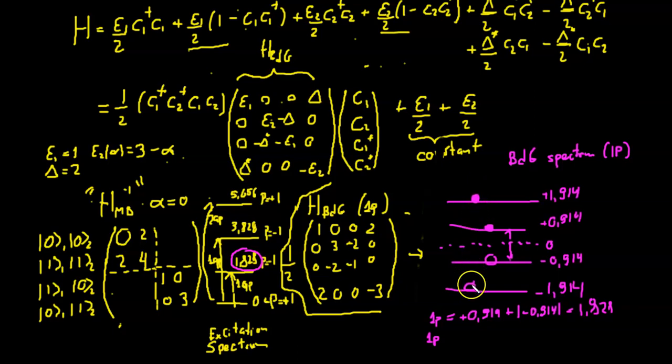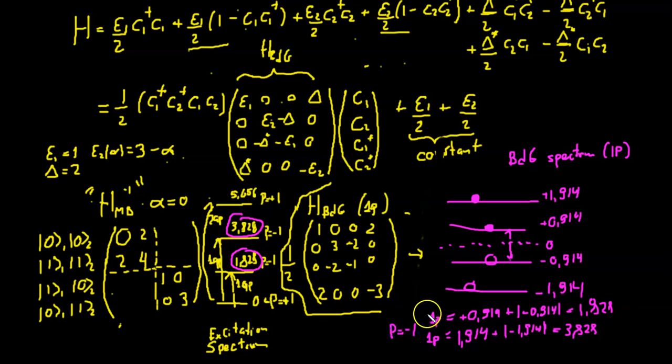Since everything comes in pairs here, which is 1.914 plus 1.914, which is 3.828, which is exactly this energy here, right? And of course, if I add these two, now I have the system fully occupied, then I get this other one here. So these two excitations, of course, I have only one particle.